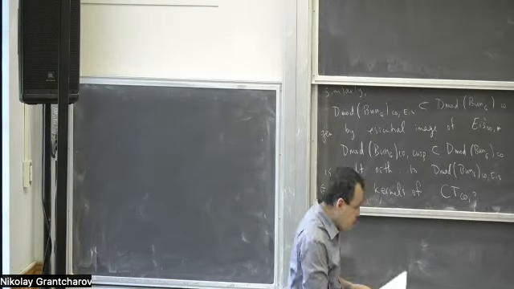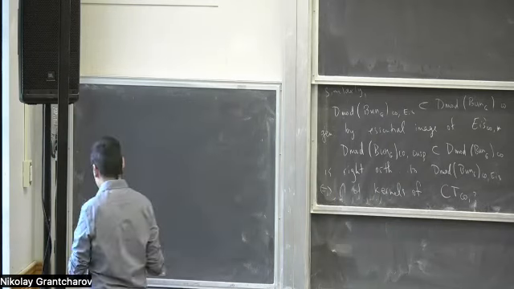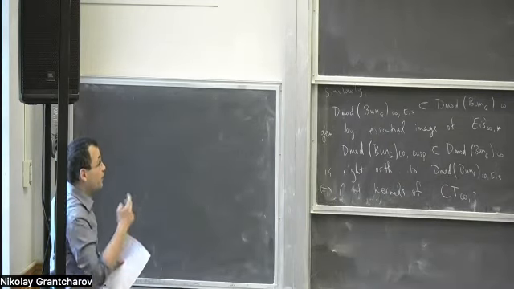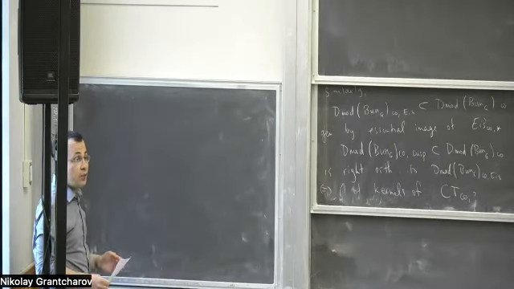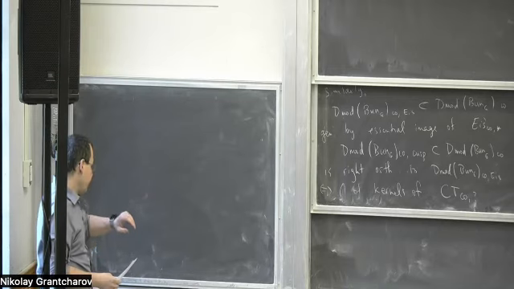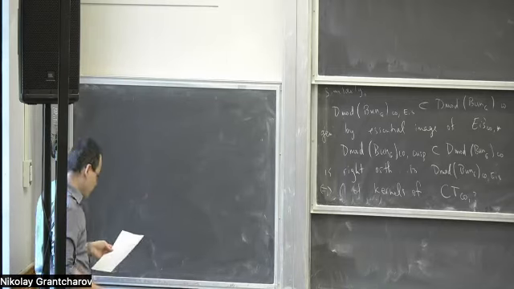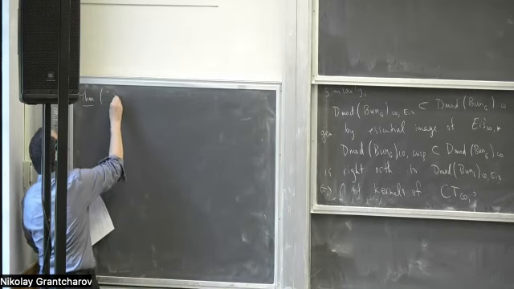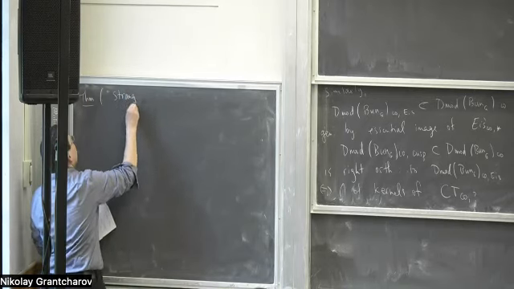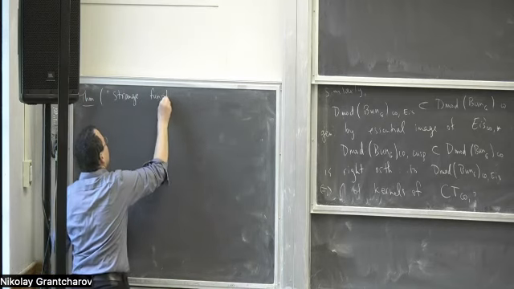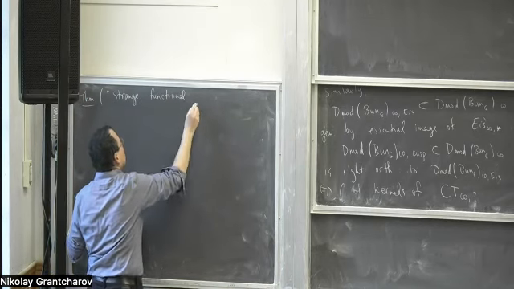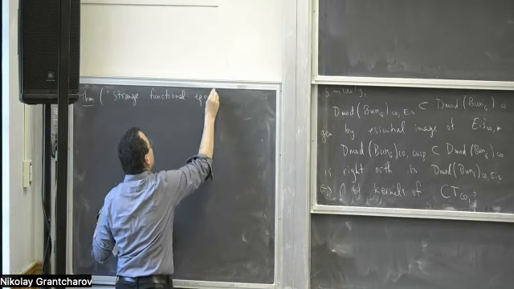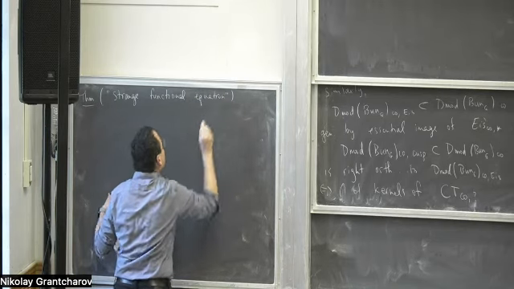So the key theorem is the following. This takes care of the cuspidal part, and now we want to understand the Eisenstein series. The strange functional equation says the following.